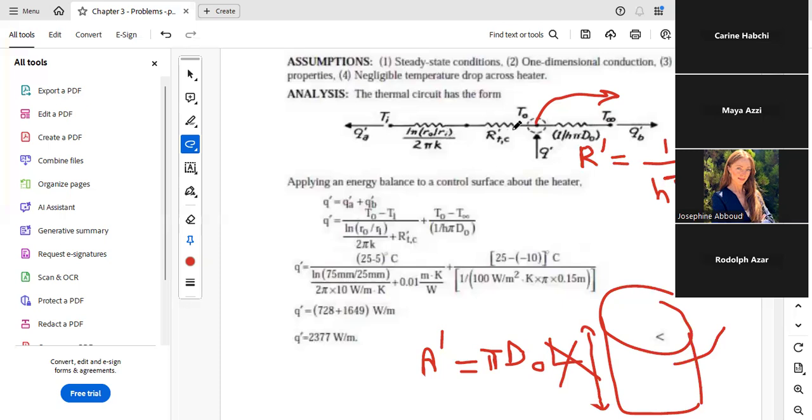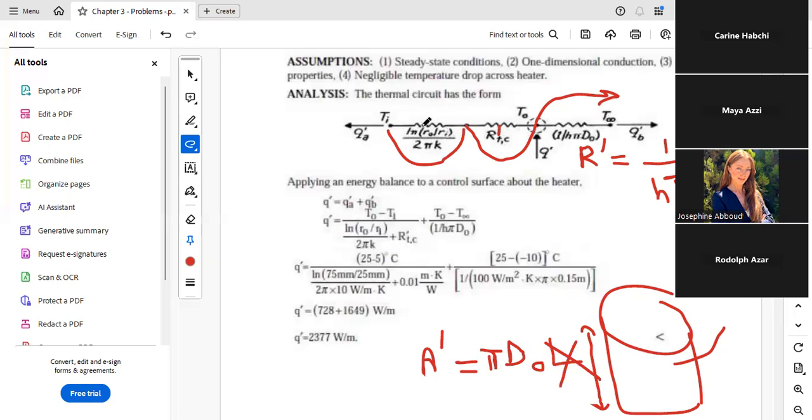While from the inner side, I have first the thermal contact resistance, followed by the resistance to conduction, both expressed per unit length. R prime is already given per unit length because of the unit that we have seen together.